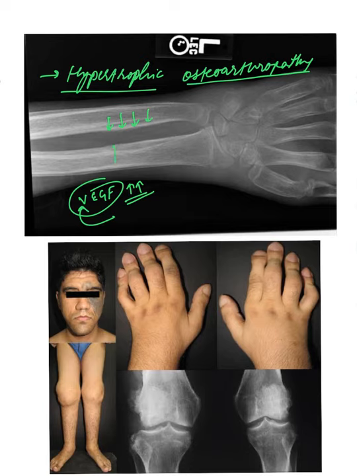So as we can see here, there is a double lining. The outer lining represents the lifted periosteum, and this is the subperiosteal connective tissue proliferation. Slowly and steadily there is osteoid formation, because vascular endothelial growth factor also has osteoblastic activity. So this osteoid formation leads to formation of bone in the subperiosteum, and slowly and gradually the bones are broadened.